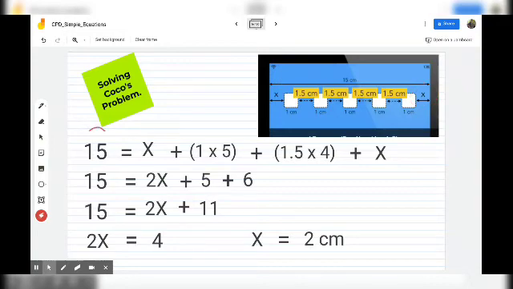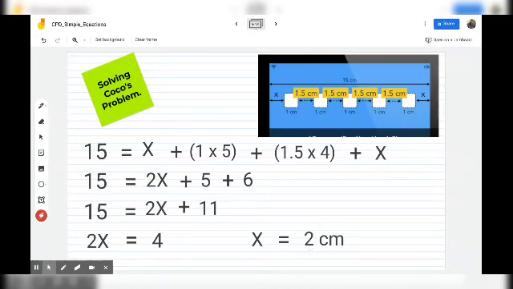So if you put 15 equal to all the lengths in between in a sequence and add them up together, you get the correct equation. So doing this, we reach the final expression 15 equal to 2x plus 11. Now 2x is the variable, so keep it isolated, which becomes equal to 4. Now as soon as 2x is 4, x becomes 2 centimeter.